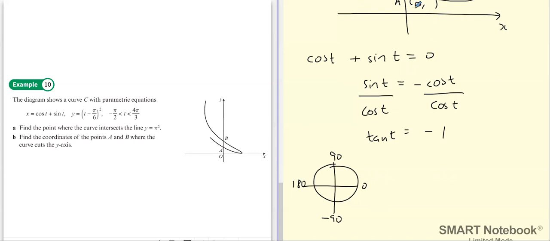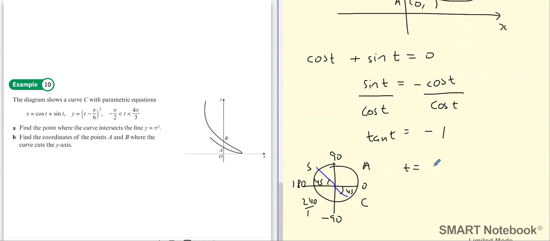But our limit is only up to 240. Tan is negative in S and in C. So in which quadrants is tan negative? And if we do inverse tan of minus 1, we get 45 and 45.